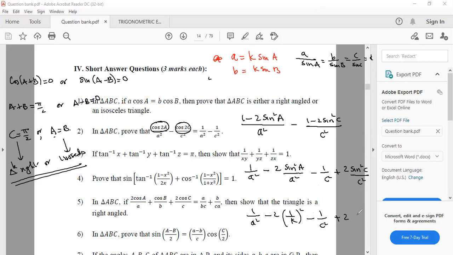So plus and minus 1 by K square. ये दोनों cancel, hence proved. चलेगा? Yes, sir.